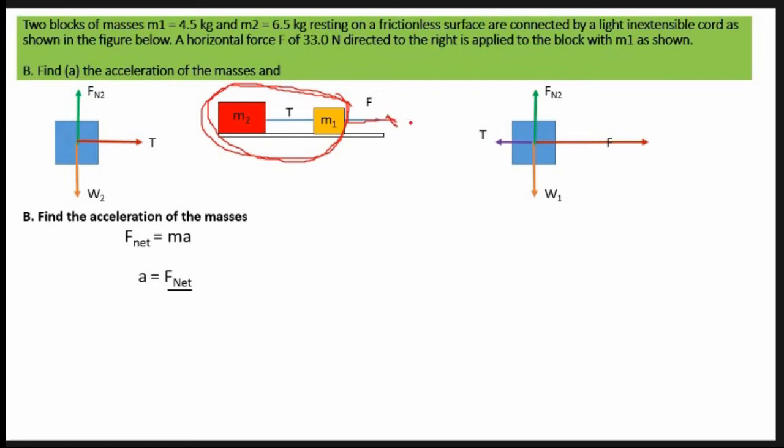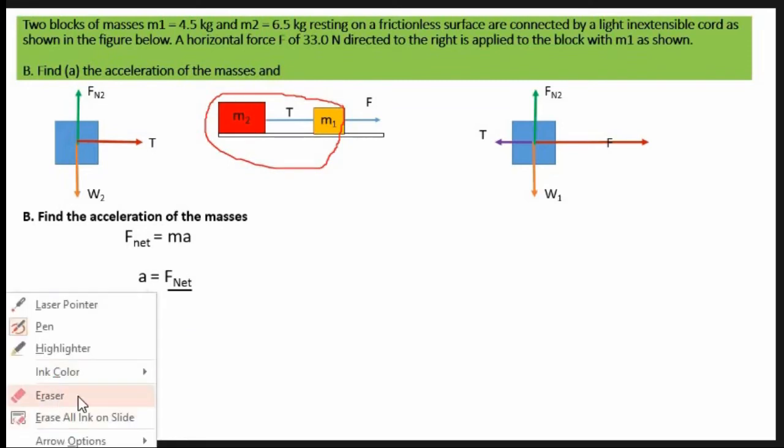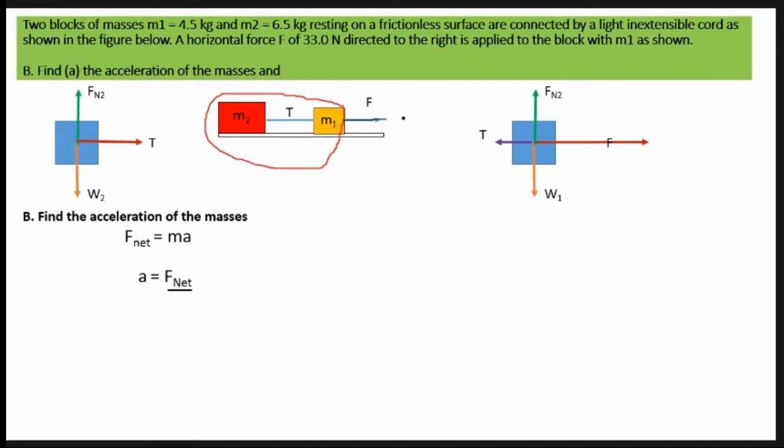Let me use another color. So this one would be the entire net force. And do we have the value of this one? Yes, and that's 33 Newton. So F net here would be 33 Newton.